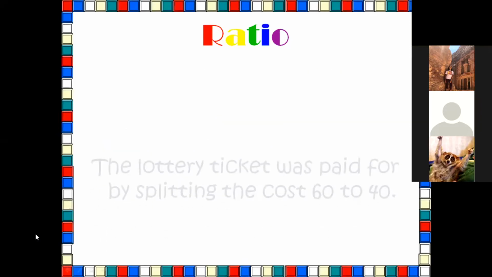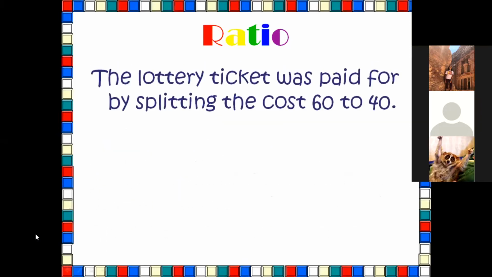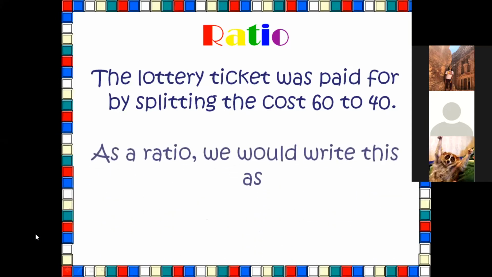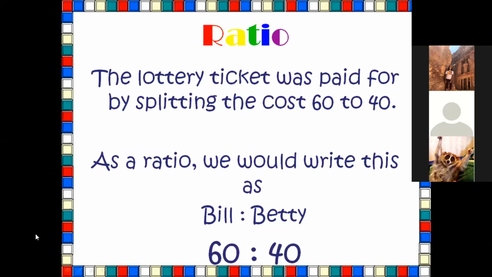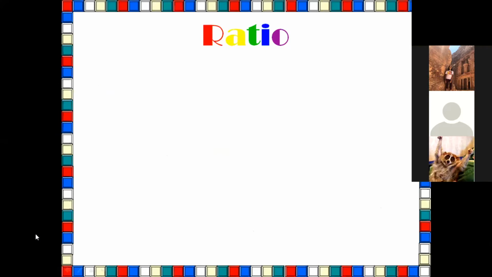Look, the lottery ticket was paid for by splitting the cost into 60 cents and 40 cents. This is how they paid it. As a ratio, we can write this as Bill paid 60, Betty paid 40. So it's 60 to 40.